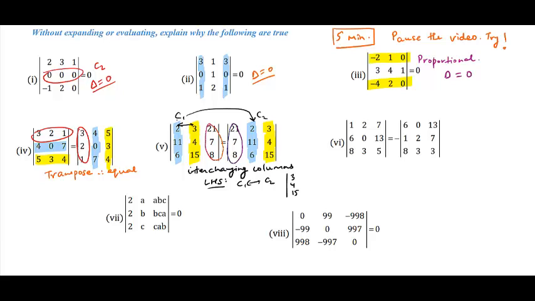We are interchanging these two, and then you have 2, 11, 6, and then you have 21, 7, 8. And when I interchange these two, I get a negative sign. So the left side is minus times of this. And again, if I interchange C1 and C3, I interchange these two.